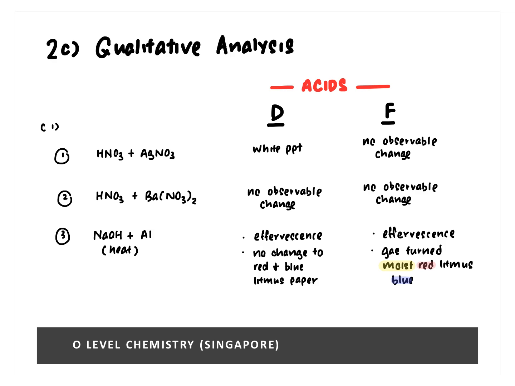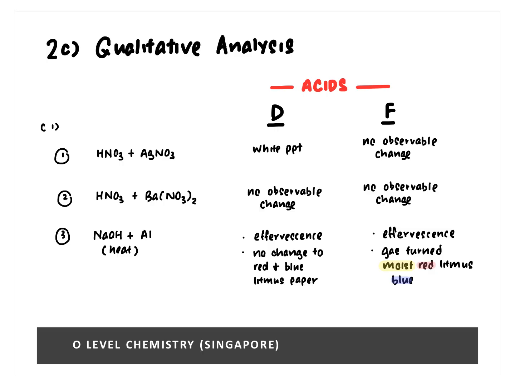The two obvious tests that you should be doing will be the test for chloride or iodide and the test for sulfate. So as described, the first test that we did was to add an equal volume of nitric acid followed by 1 cm depth of silver nitrate. That is the test for chloride or iodide. And D gave a white ppt, F no observable change.